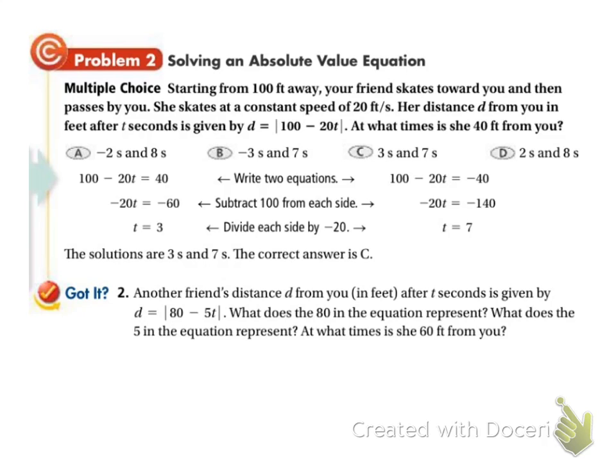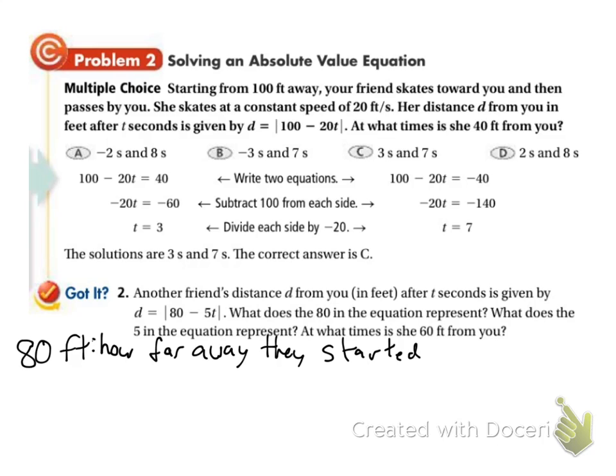So the 80 feet is how far away they were starting. And then they want to know what the 5 represents. So the 5 is where the 20 was, and that was their speed.